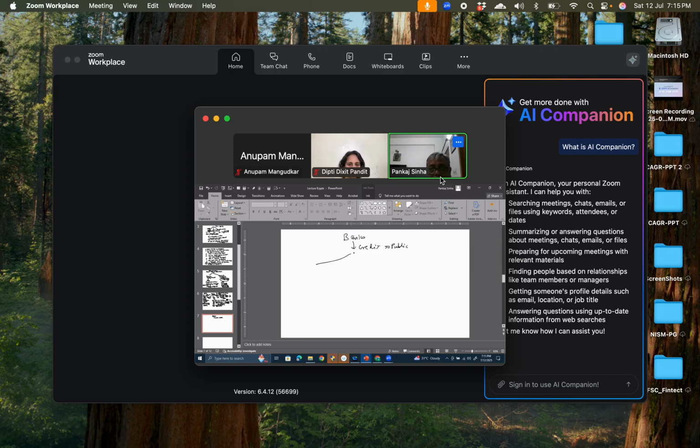So there are 2 rates: prime lending rate and base rate. Base rate is given to the Malyas and Adanis. Whatever loan you get, you get the PLR, prime lending rate. Okay.